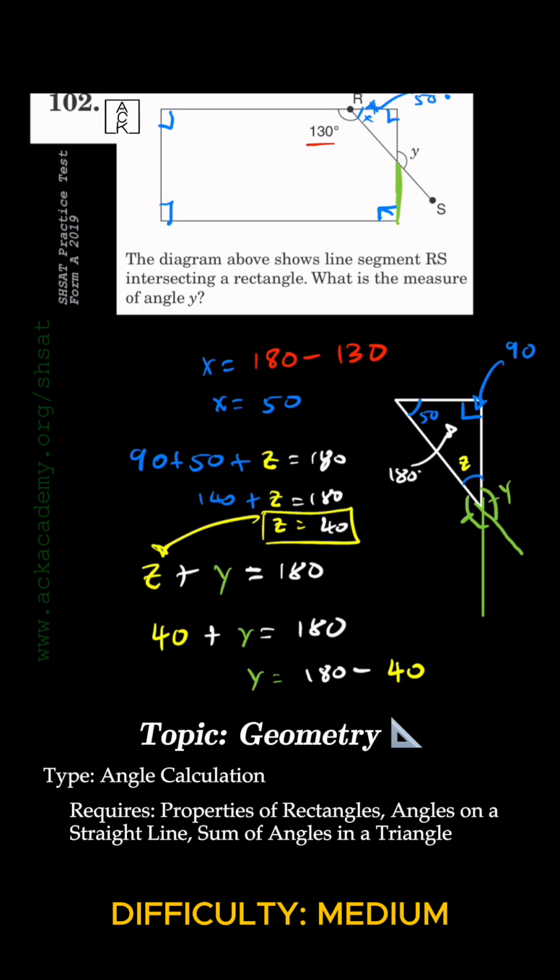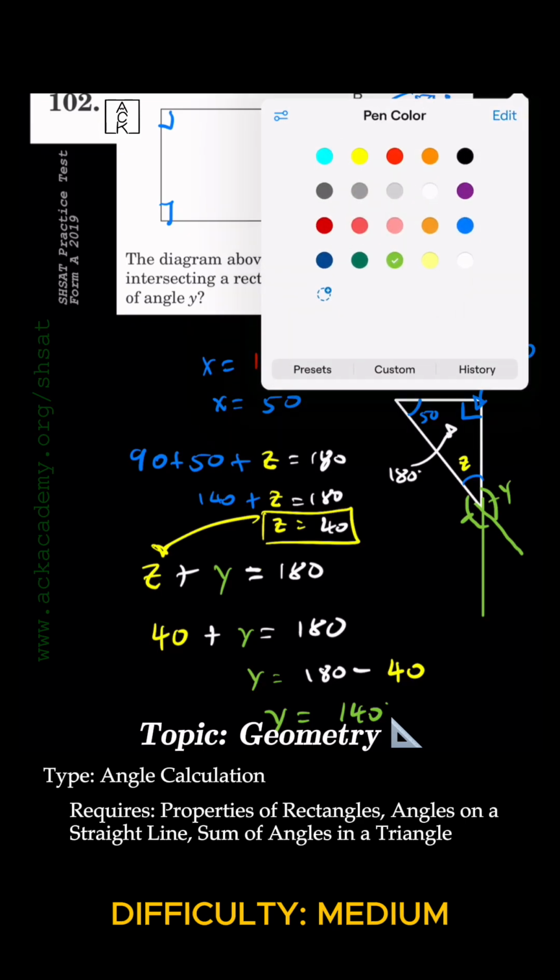Okay, and what does that mean? Y is equal to 140 degrees. So this Y is going to be equal to the other side. So the answer is 140.